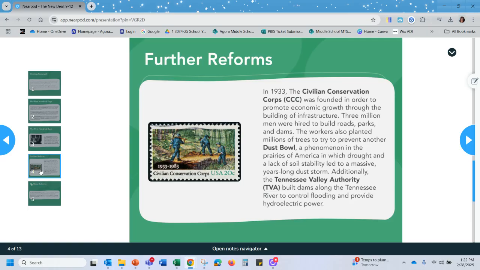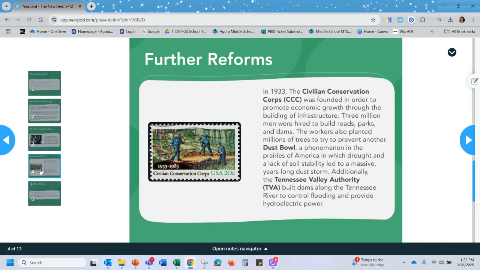Further reforms. In 1933, the Civilian Conservation Corps, CCC, was founded in order to promote economic growth through the building of infrastructure. 3 million men were hired to build roads, parks, and dams.